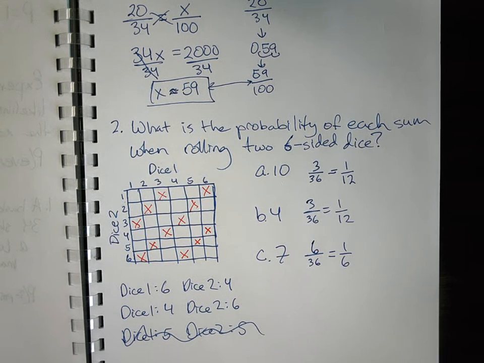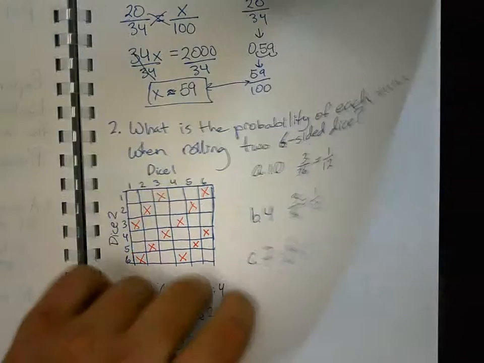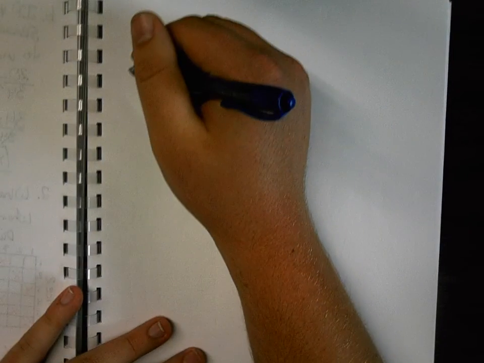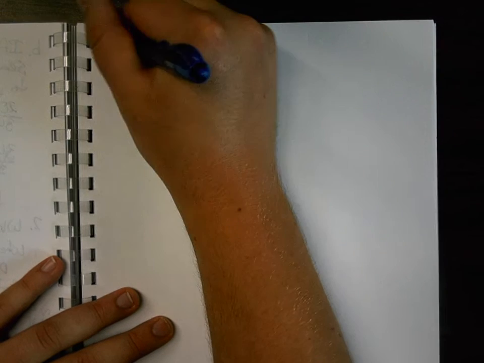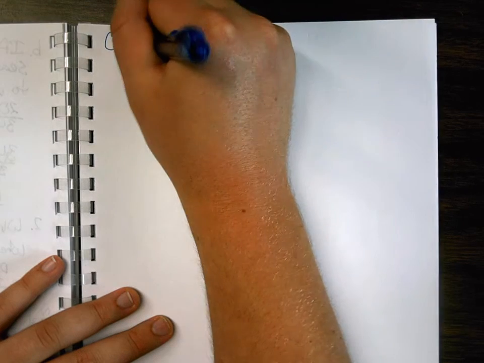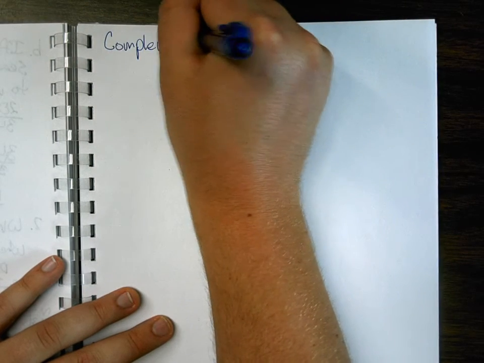Right, so now that we've done that, there's one last thing. It's called the complement of an event. Complement with an E, not with an I. We're not complimenting people.